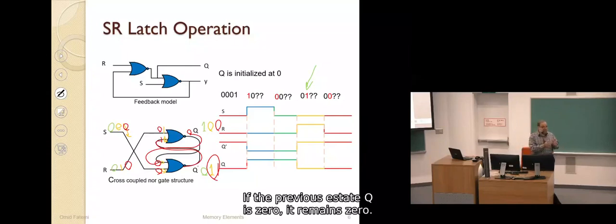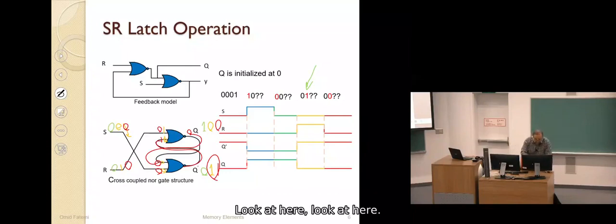If in the previous state Q is 0, it remains 0. Look at here. S is 0, R is 0. Q remains, Q bar remains. Here again, S is 0, R is 0. Q remains, Q bar remains.